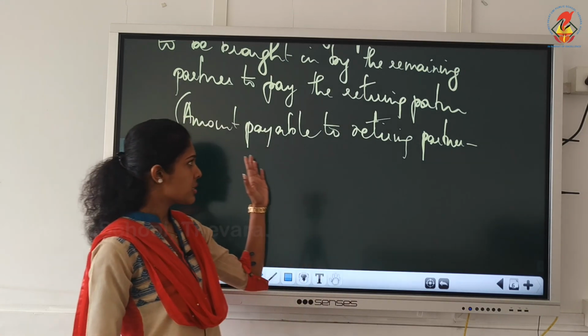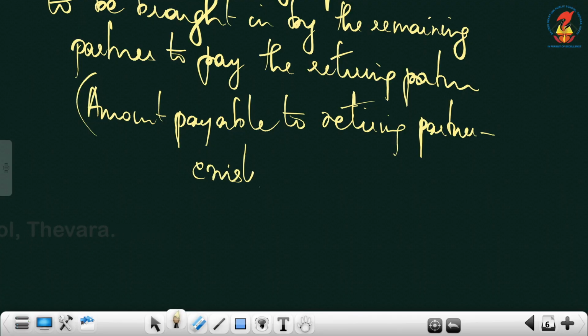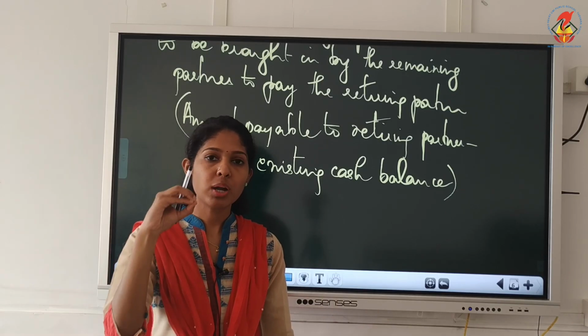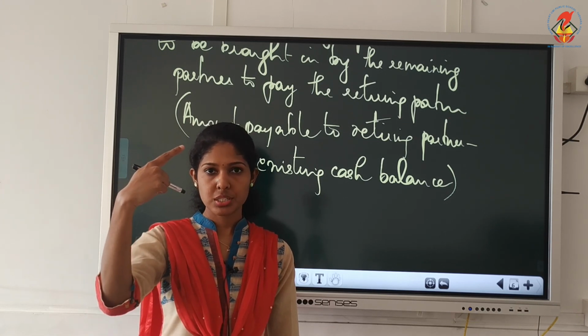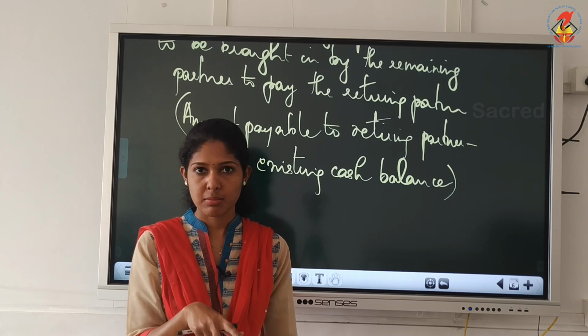So that is the same thing, amount payable to retiring partner minus existing cash balance. Existing cash balance means one which is given in the balance sheet. If you look into the balance sheet, there would be a cash figure, that is the existing balance.